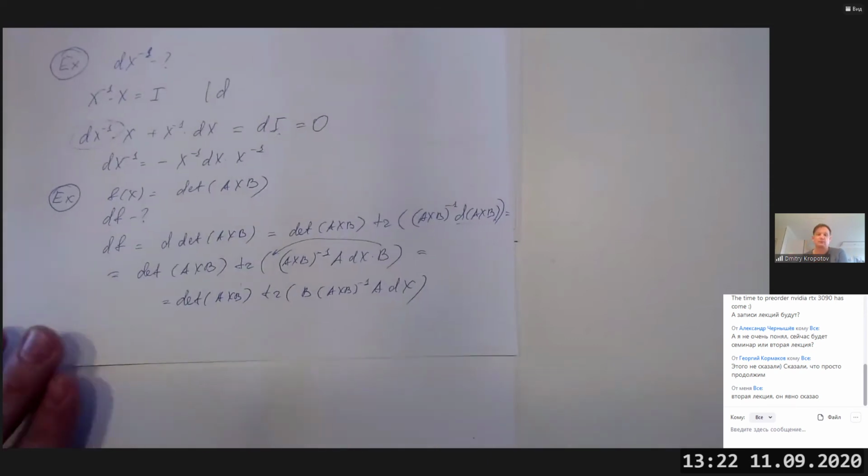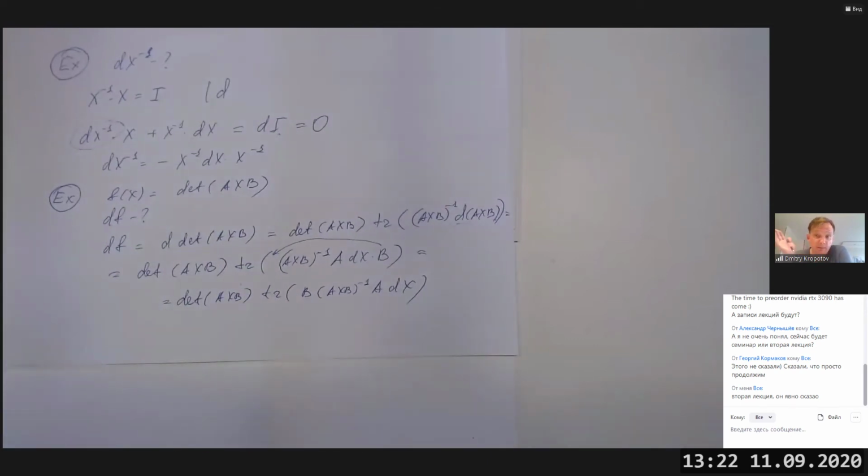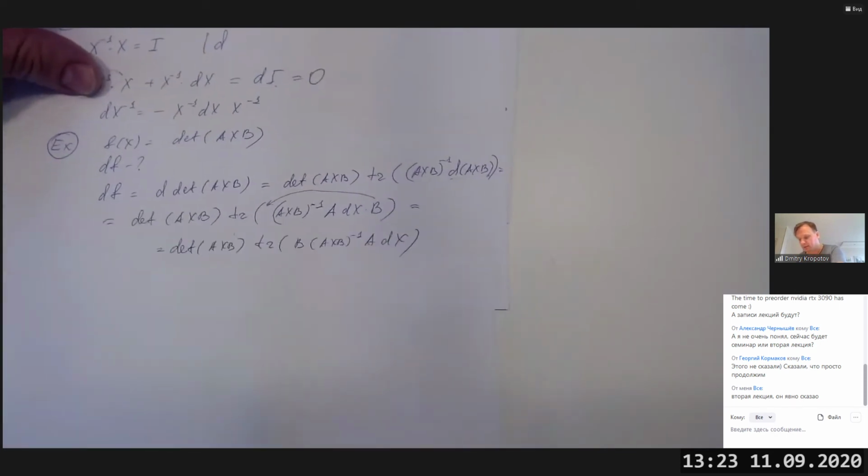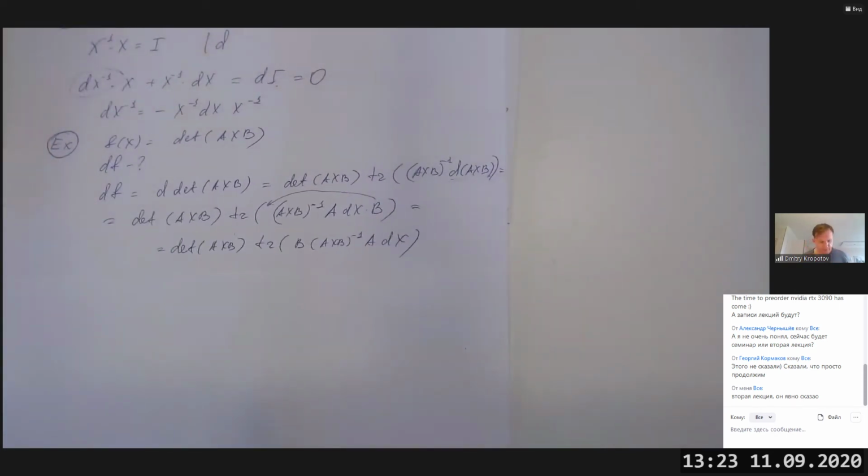Okay, let's say that we have calculated something that is called a differential, some linear operator, but it is not clear what is the connection between this differential, this linear operator, and the common notion of derivative, the partial derivative, etc. And in order to connect these two things, people usually use what is called a canonical form of differential.